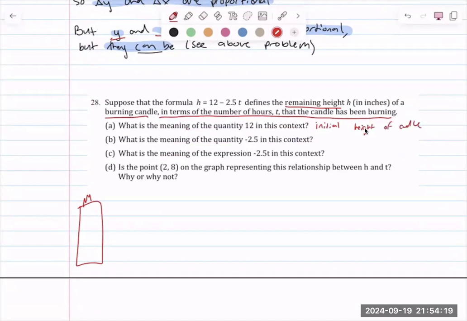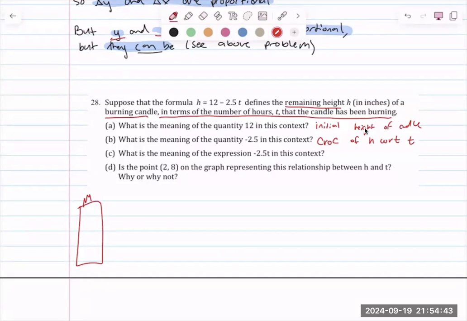Okay. What is negative 2.5 in this context? Think about this using the language of constant rate of change. And I sort of gave it away. This is just the constant rate of change of our height with respect to time, right?